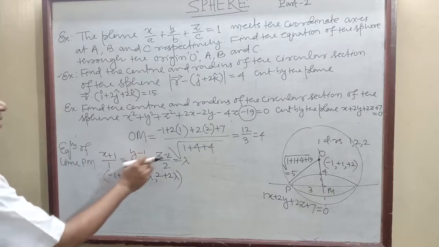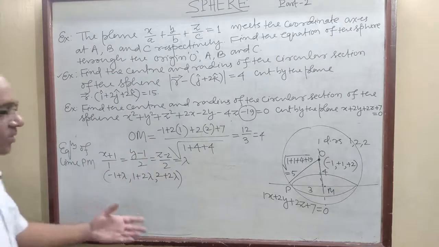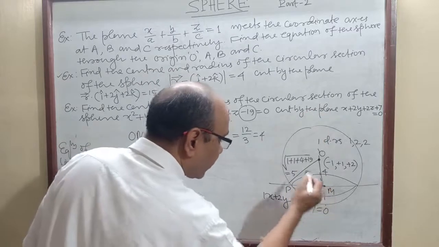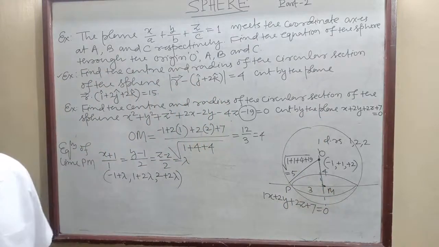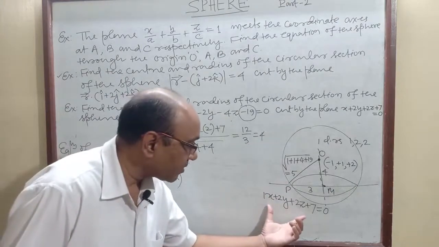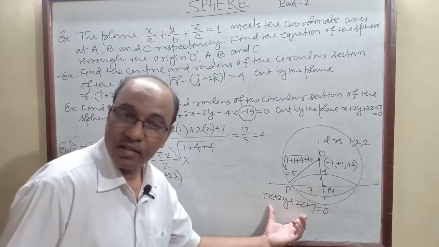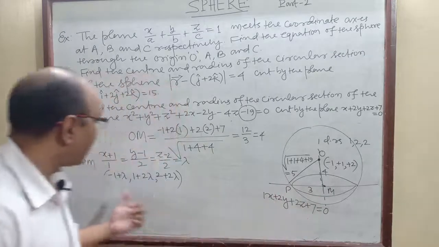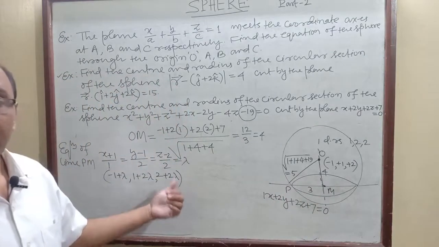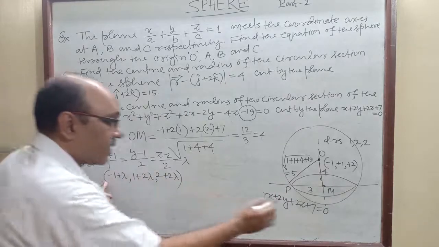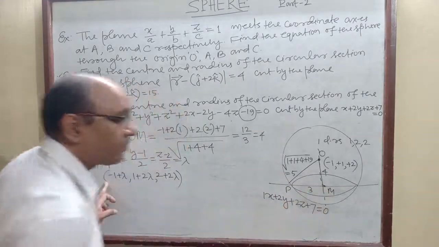That general point may be M also, but that general point will be M only when it satisfies this plane, because M is a point on the plane. From there we find the value of lambda, and then by substituting the value of lambda here we can get the point M.